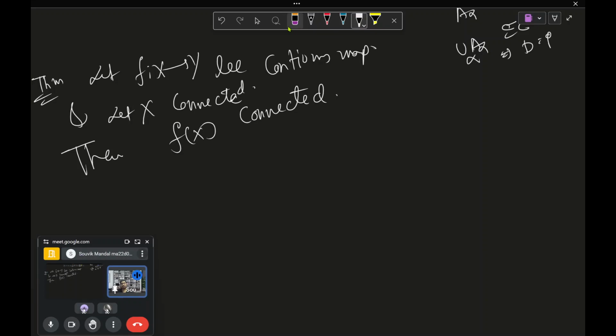In order to prove this, you need to start by supposing that it is disconnected, and then try to derive a contradiction. Please try to do it by yourself. It is not difficult at all. Please think and try to solve.